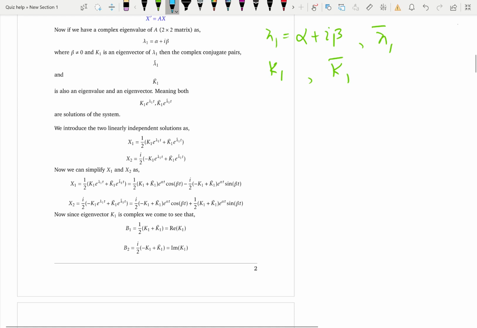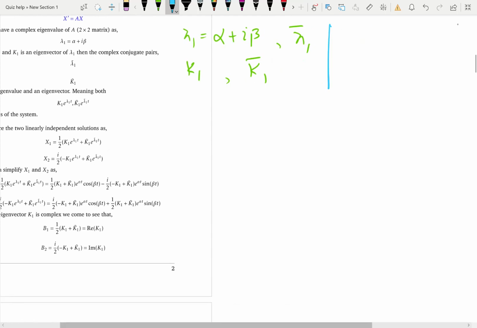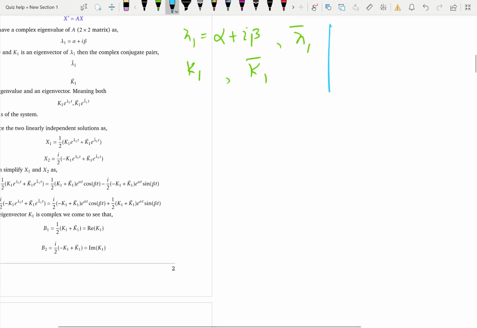Here's what happens. We know lambda 1, k1, and we know lambda 1 bar, k1 bar. So what are the solutions of the differential equation, assuming it's 2 by 2? The two solutions are k1 e to the lambda 1 t and, my bad, k1 bar e to the lambda 1 bar t, right?